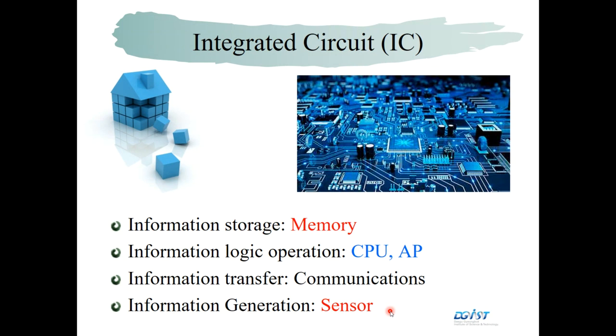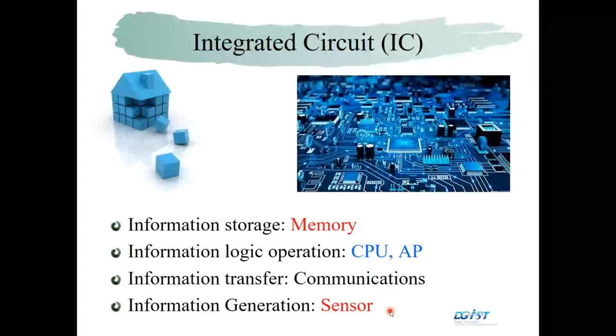But in a CPU, there is no contribution of magnetism yet, but we are working on it. We want to make some CPU or AP operated by spins. And in communications, there is not enough room for spins, but there are some studies about these communications too. That's the reason I'm using a different color.